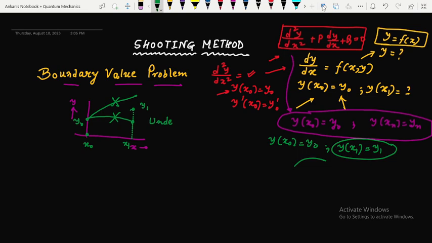And for getting the solution curve means to find the solution of this differential equation. So our main method is to guess the slope, and the right choice of the slope will result in the actual solution curve.